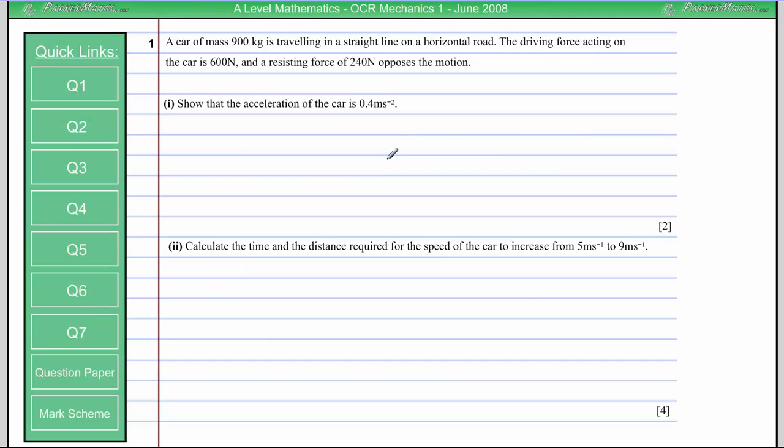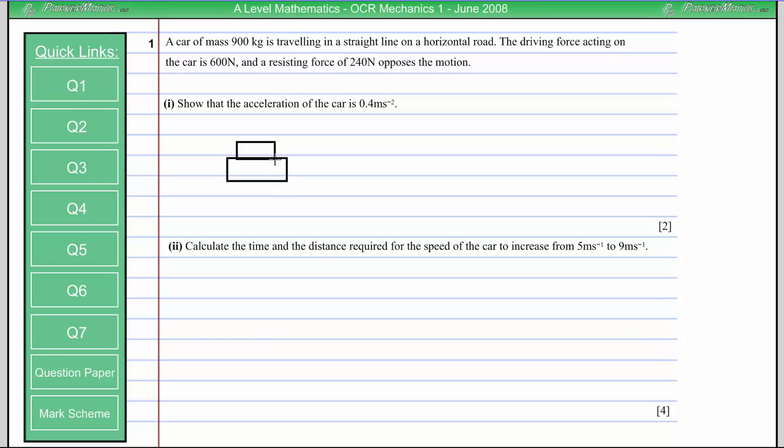Question 1. A car of mass 900 kilograms is travelling in a straight line on a horizontal road. The driving force acting on the car is 600 newtons, and a resisting force of 240 newtons opposes the motion. In part 1, we have to show the acceleration of the car is 0.4 meters per second squared. Let's start by drawing a diagram.